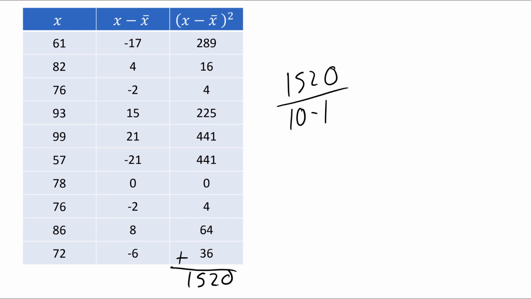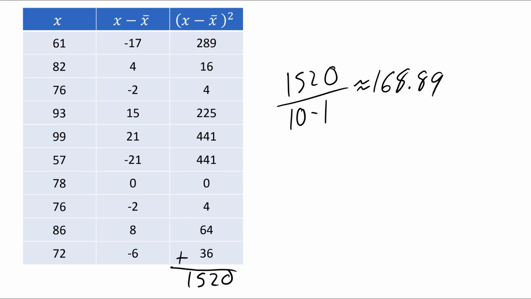We don't really need to worry about that too much for this class, other than we need to do it to actually find the standard deviation. So we're going to take 1,520 and divide that by 1 less than the number of data points. But again, essentially what we're trying to do is find an average. So we're going to divide that by 9, and we're going to get about 168.89.